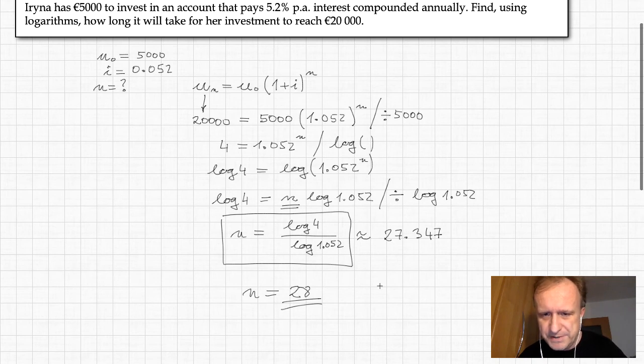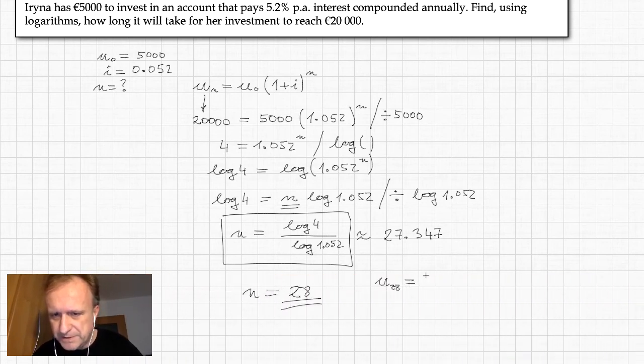We can check it by the simple calculation. So U28, so the amount after 28 years will be 5,000 times 1.052 to the power of 28. So let me use the calculator to calculate this.